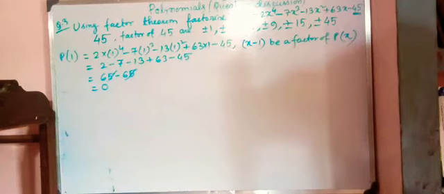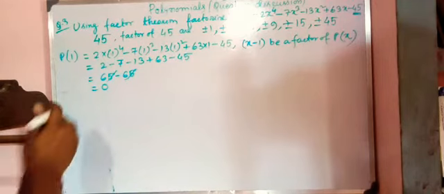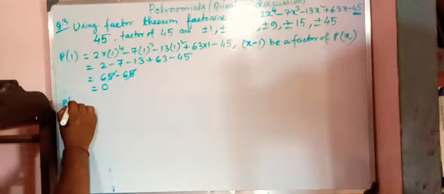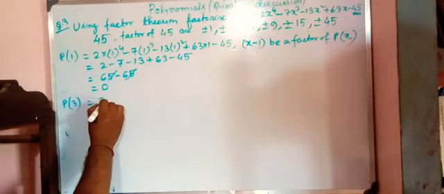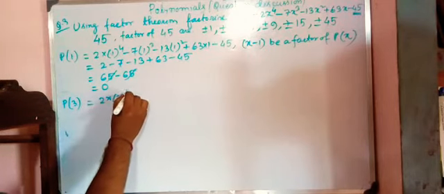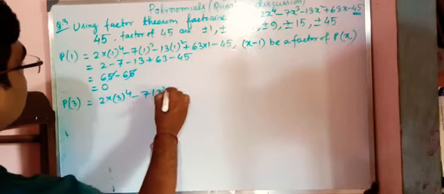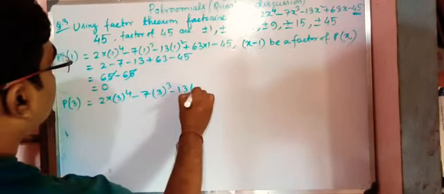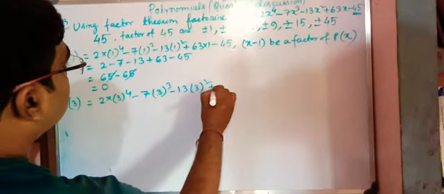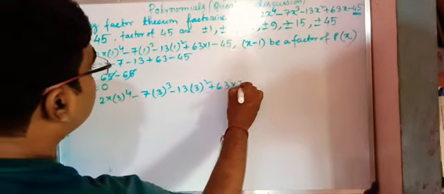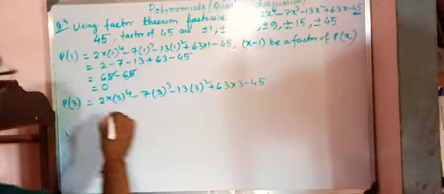Understood? Similarly, if we take P of 3, 2 into 3 to the power 4, 7 into 3 cube, 13 into 3 square, 63 into 3 minus 45.